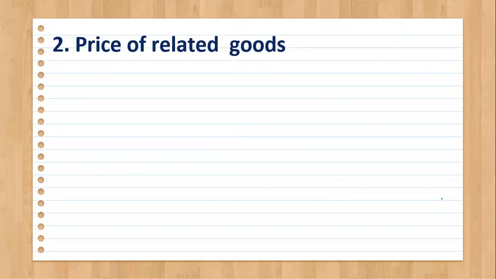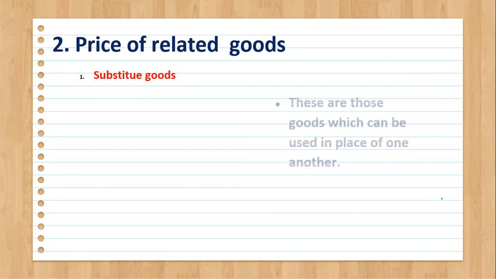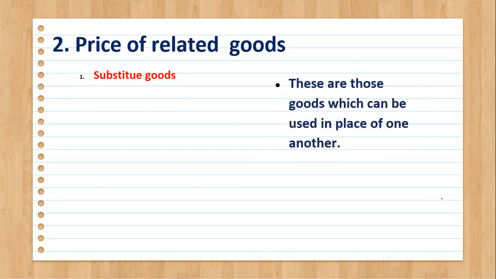The second factor is price of related goods. There are 2 types of goods. One is substitute and the second is complementary. Substitute goods are those goods which can be used in place of one another. Suppose the price of one of the goods increases, so what will I do? Say tea and coffee are substitute goods.